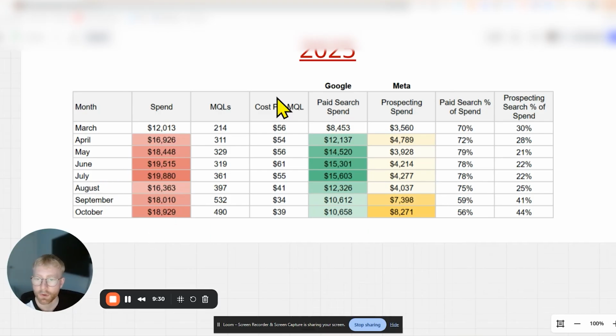But when we look at cost per marketing qualified lead across all regions, we're sitting at around the 55, 61 mark, 58, etc. Above $50. In August, it dropped a bit. But as soon as we started introducing more spend on prospecting channels, this started to fall, and it is still falling.